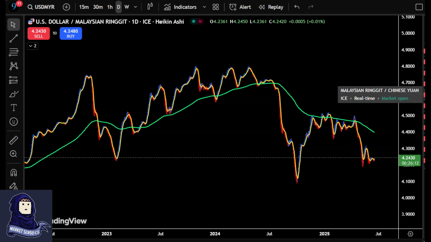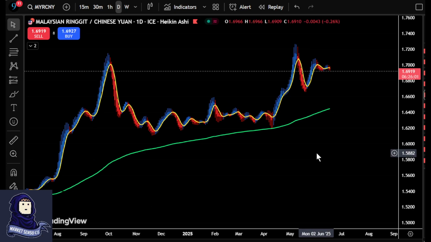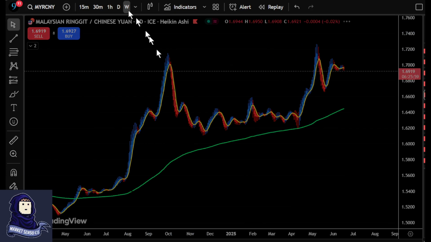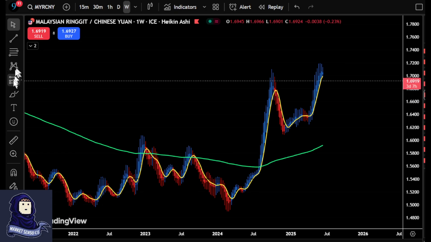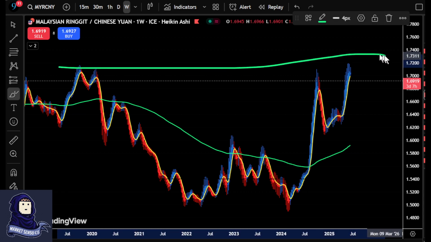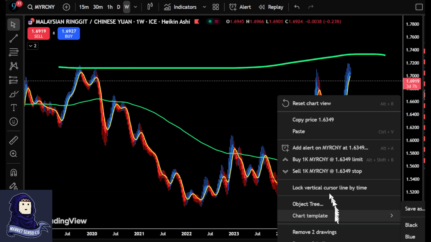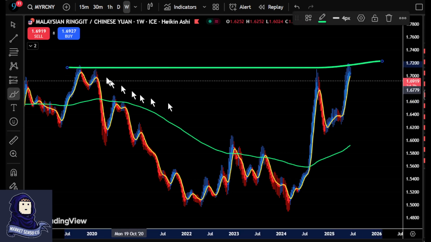I think how about this one, ringgit versus Chinese yuan. Okay, let's see the bigger picture. This one shows that the ringgit is actually weakening as well. This is the previous strong area.